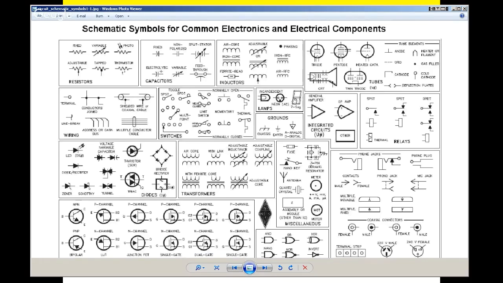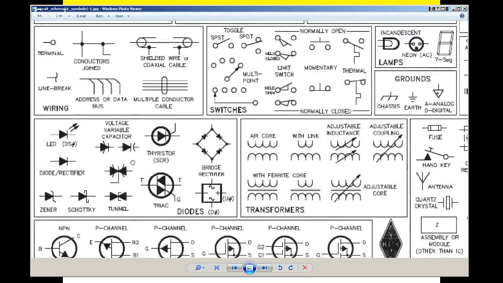Those were incandescent lamps. Symbols for grounding, symbols for components within integrated circuits, and more indicators. These are relays, which show single pole, single throw, or double throw, double poles, stuff like that.